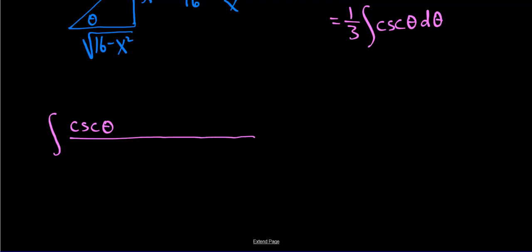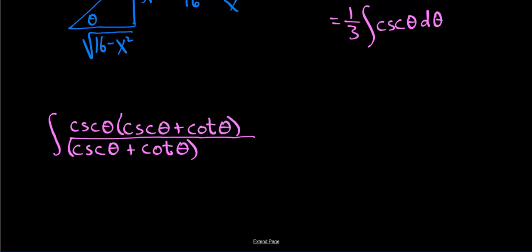I'm going to multiply the top and the bottom by cosecant theta plus cotangent theta. I just did that to the top and the bottom. That doesn't hurt anything.